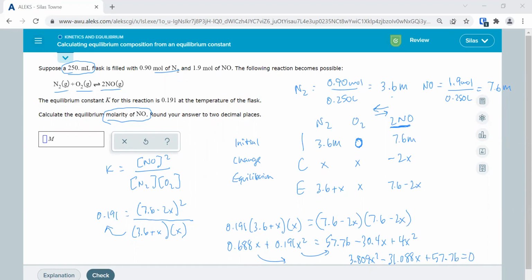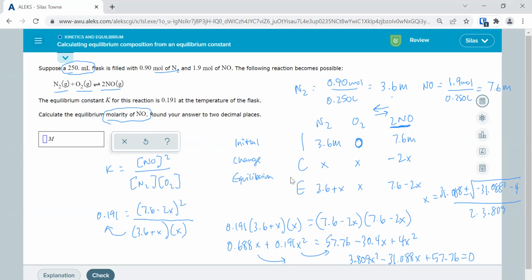I could write it out. I'm running out of room here, but I could say x equals 31.088 plus or minus the square root of negative 31.088 squared minus 4, et cetera, over 2a, and calculate for the two answers.